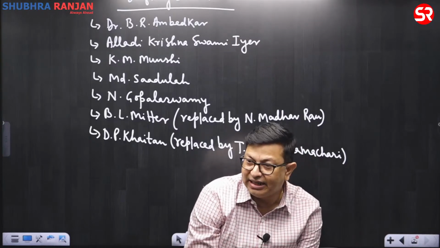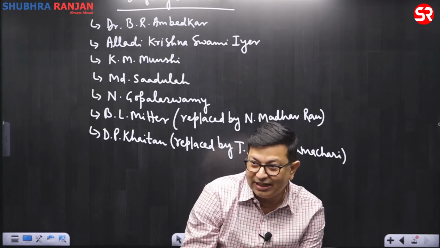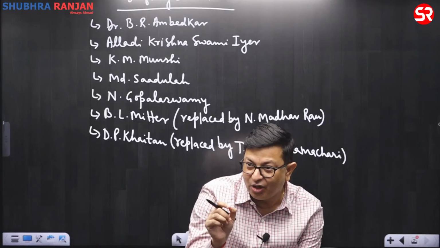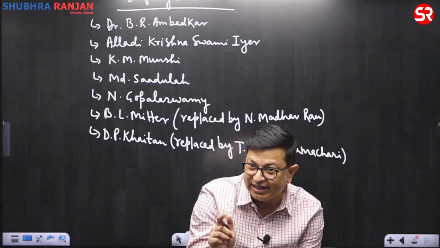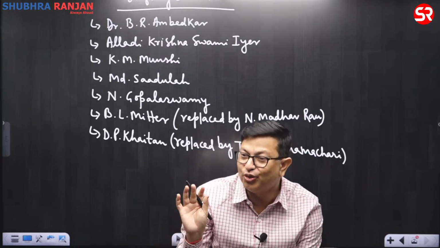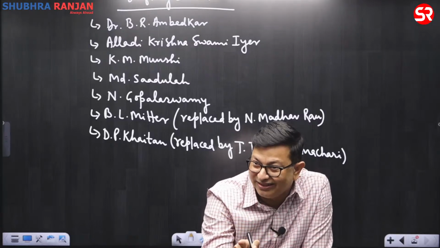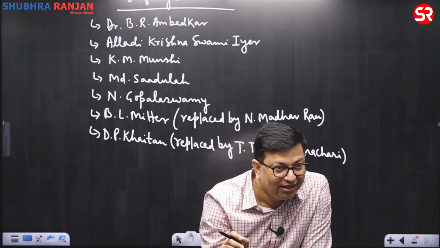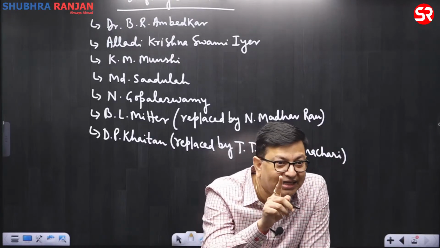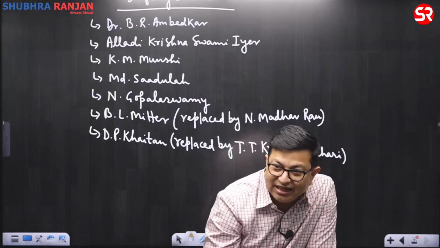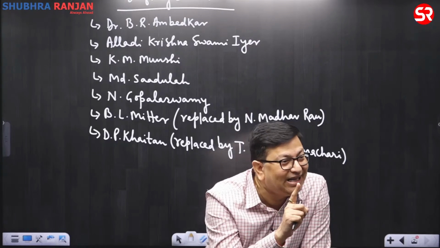As per Article 394. So it is mentioned in Article 394 that the Constitution was adopted on 26th of November 1949, and from this date these articles will come into force. So it is all constitutional, it has been mentioned in the Constitution itself that the rest of the provisions will come into force from 26th of January 1950.